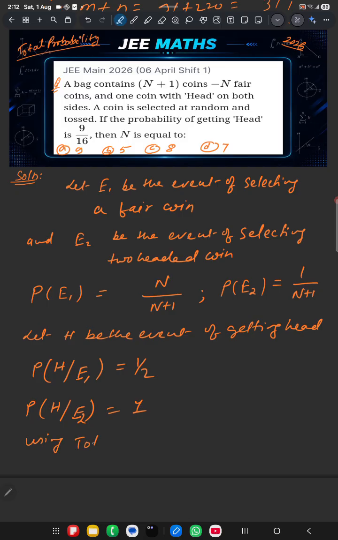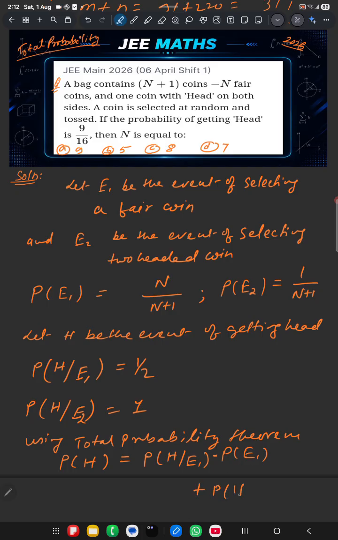Using the total probability theorem, what does it say? The probability of getting head will be equal to the probability of getting head when E1 type of coin is selected, into the probability of E1, plus the probability of head given E2 selection of coin, multiplied by its probability.